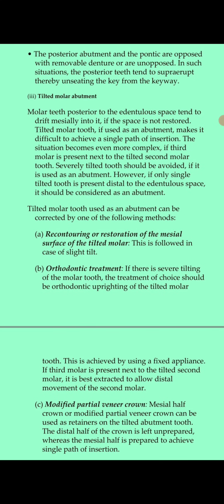However, if only a single tilted tooth is present distal to the edentulous space, and there is no third molar, it should be considered as an abutment. A tilted molar used as an abutment can be corrected by one of the following methods. Number one is the recontouring or restoration of the mesial surface of the tilted molar.